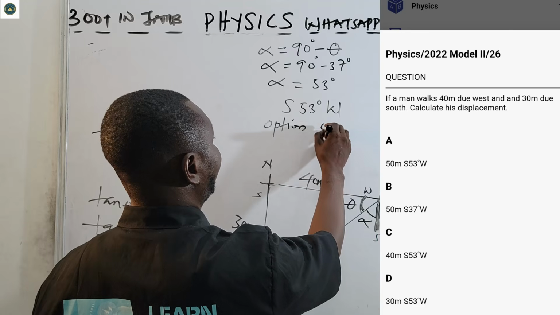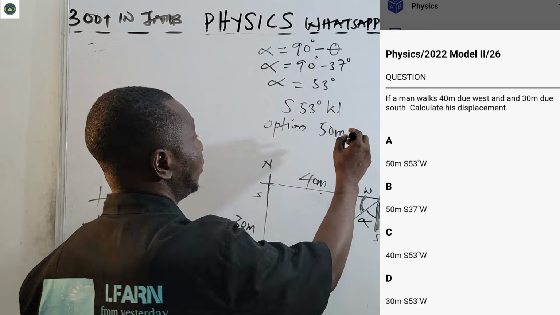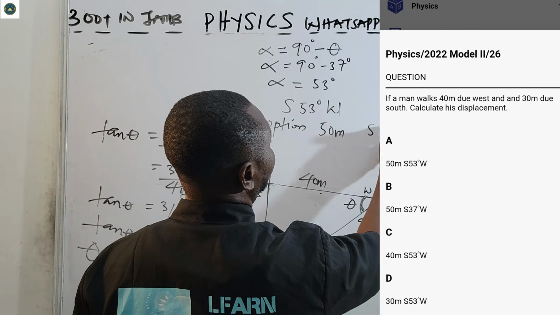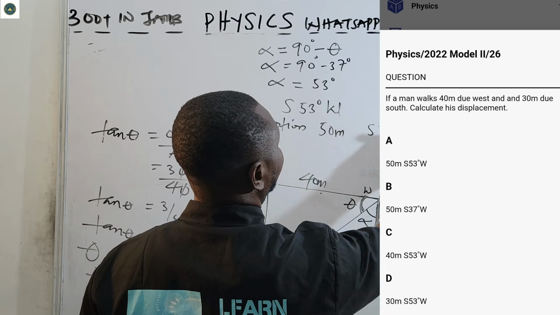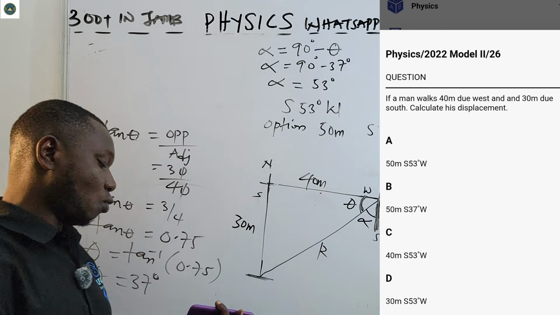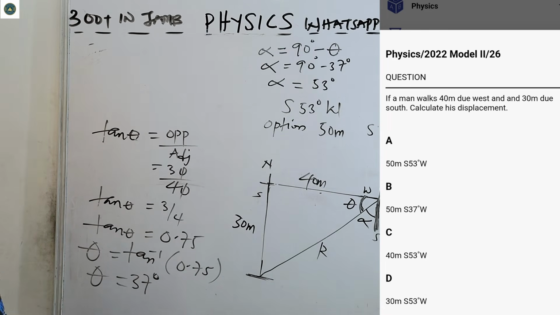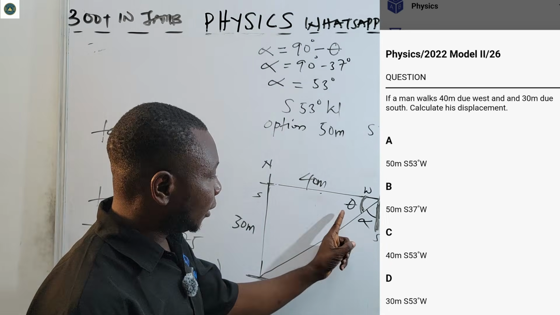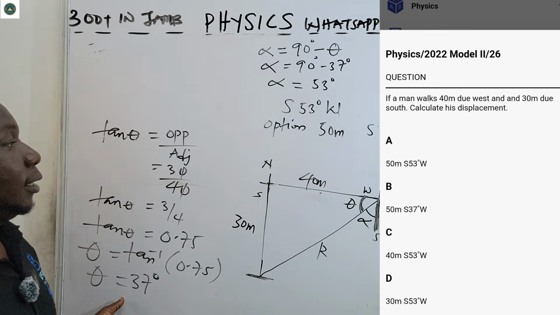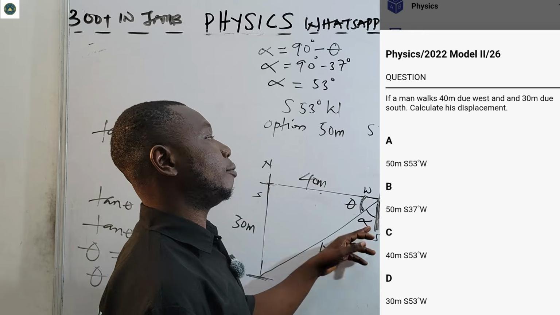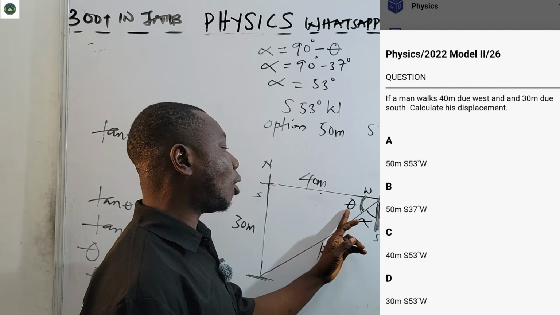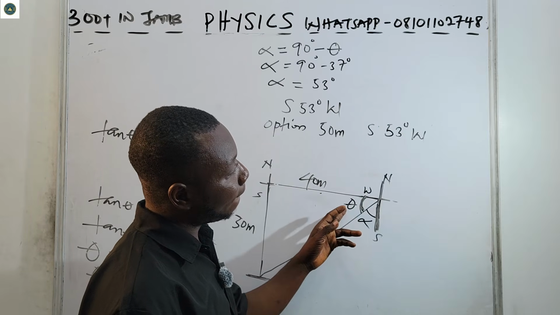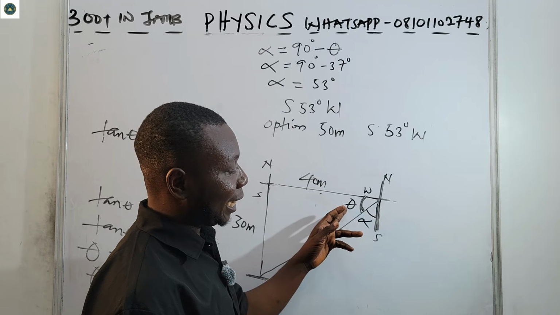Option A is what? 50 meters, 53 degrees southwest. Let me repeat. This is theta. This is alpha. Theta gave us 37 degrees. So definitely alpha will be 53 degrees because alpha is the complement of theta.